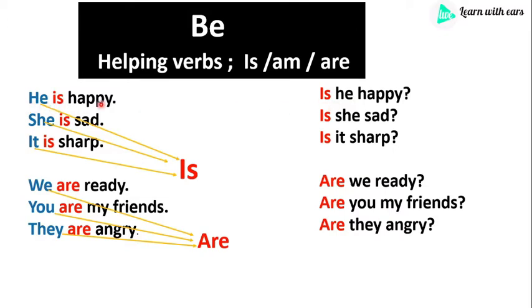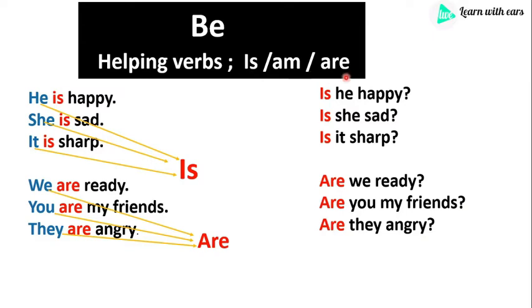So he is happy will become is he happy. This is a statement and this is a question, right? He is happy, is he happy? Is she sad? Is it sharp? Are we ready? Are you my friends? Are they angry? So these are questions.